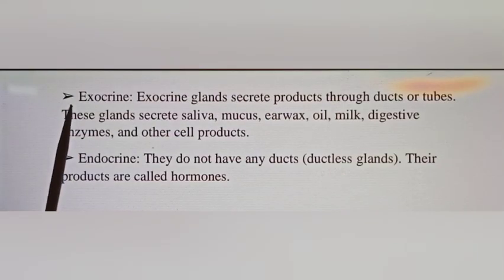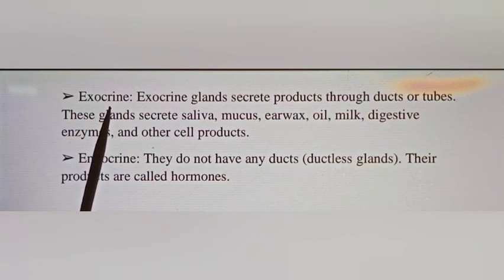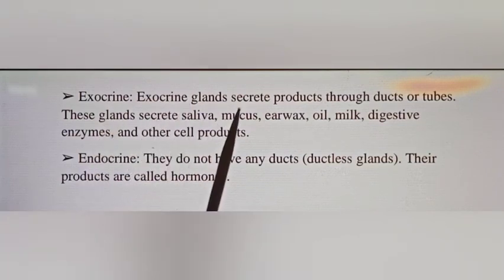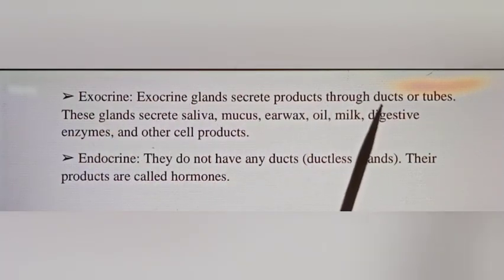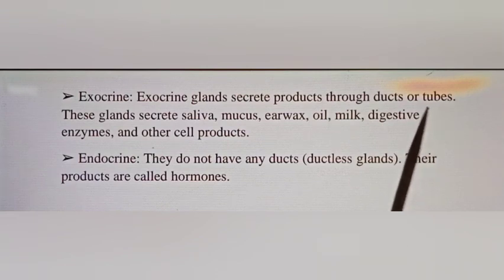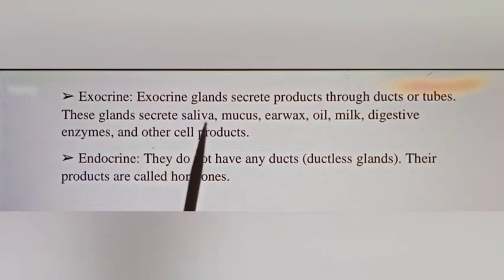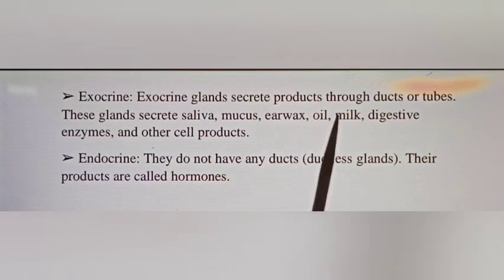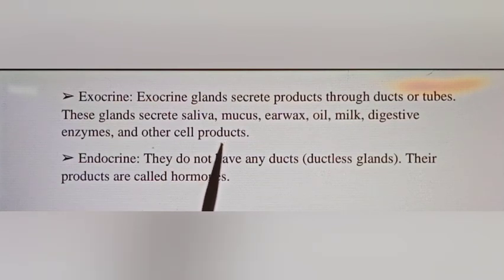Some glandular epithelium forms the lining of exocrine glands. Exocrine glands secrete their product through ducts, that is, through pipes or tubes. These glands secrete saliva, mucus, earwax, oil, milk, digestive enzymes, and all other cell products.